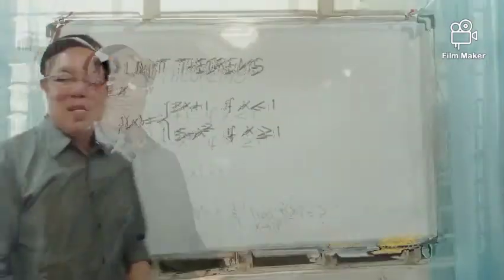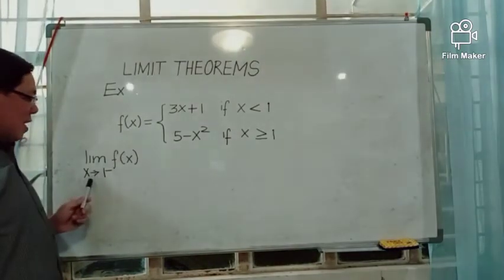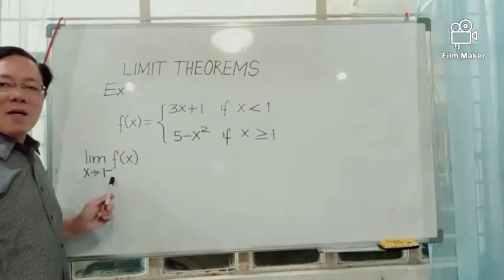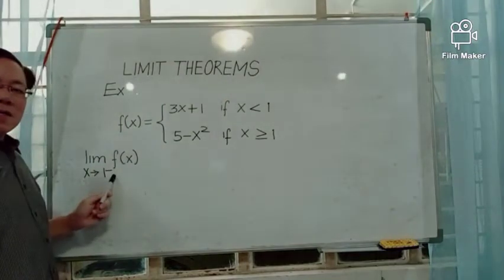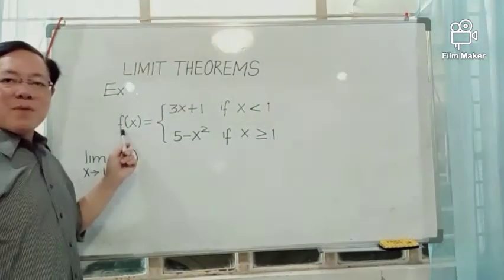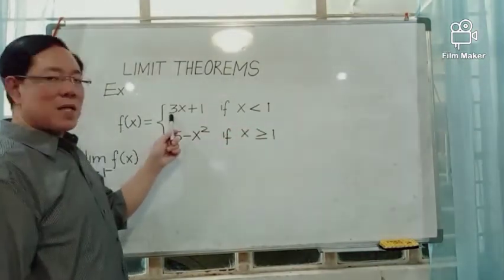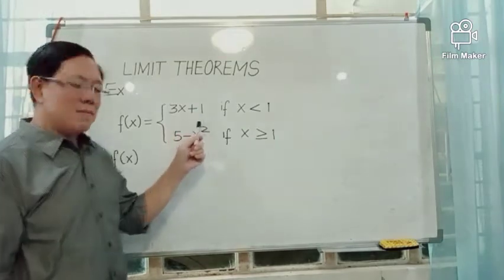By evaluating the limit of f of x as x approaches 1 from the left, in this limit, the values of x are less than 1. And the value of the function when x is less than 1 is given by 3x plus 1.